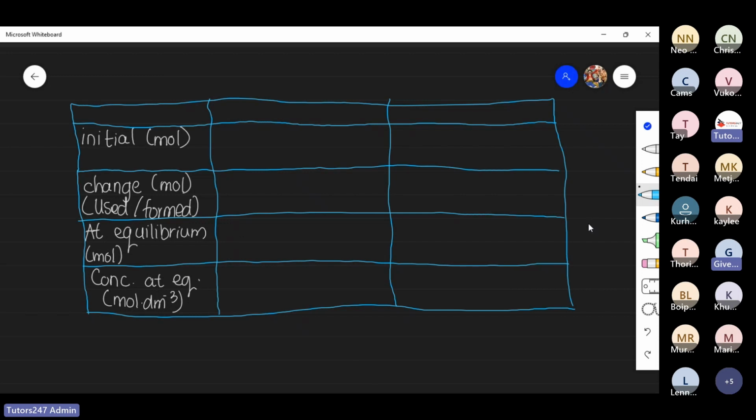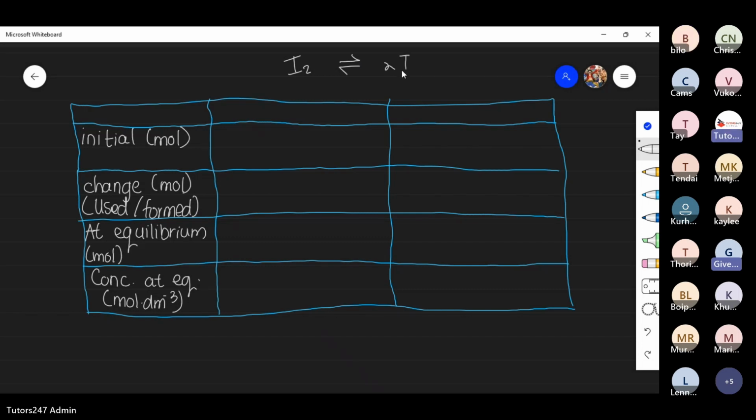If you had three substances, you'd have three columns. If you had four substances, you'd have four columns. But keep in mind, you only take into consideration what is in an aqueous state and what is in a gas state. If you have any solids, you ignore them. You do not include the solids within your Kc table. So this is our equation.